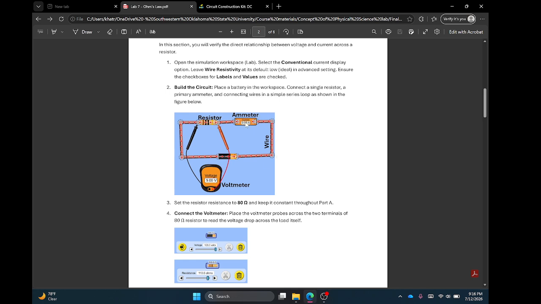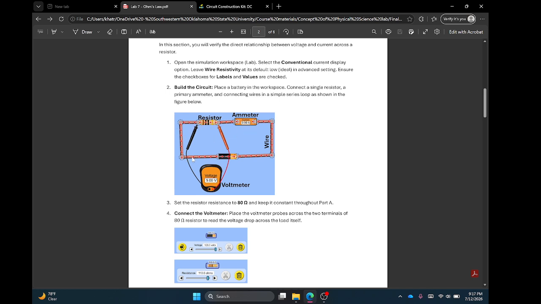Whenever we are creating a basic electric circuit and we want to calculate the current flowing through the circuit, the ammeter is always connected in series, and the voltmeter is always connected in parallel with the component you want to measure the potential difference across, right?